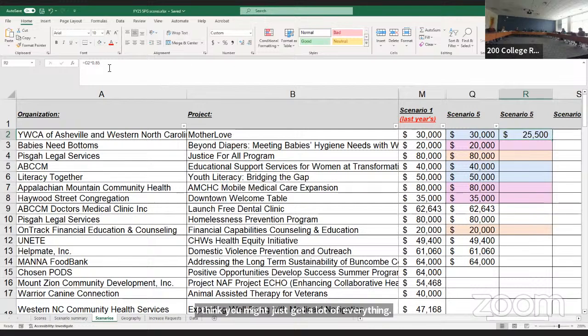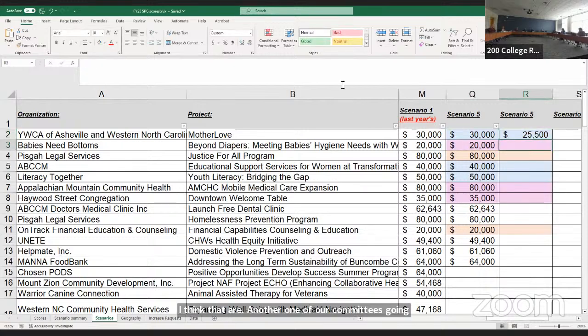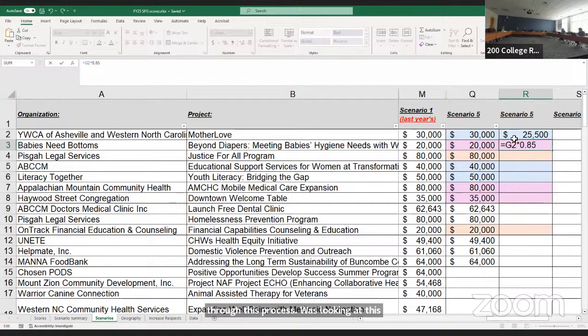Another one of our committees going through this process this week was taking the requested amount for each project and multiplying that by their score.